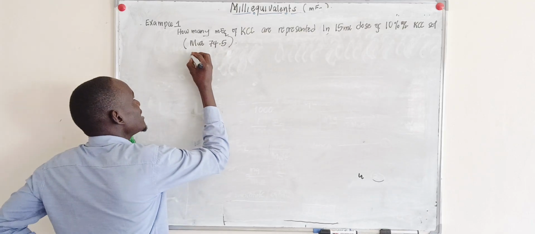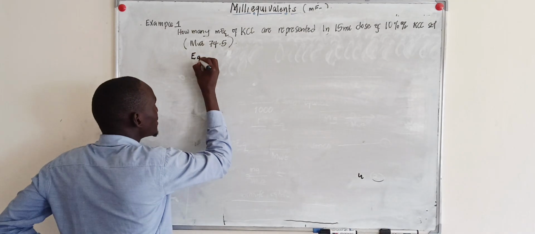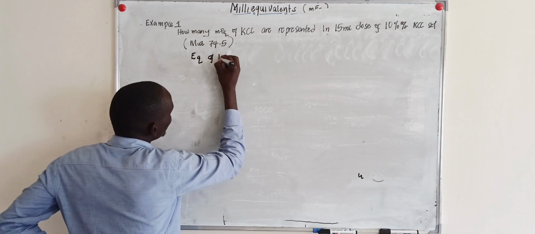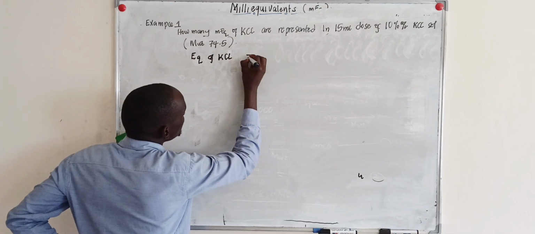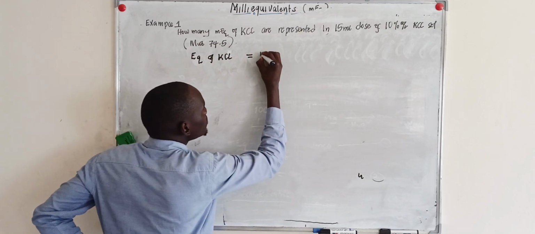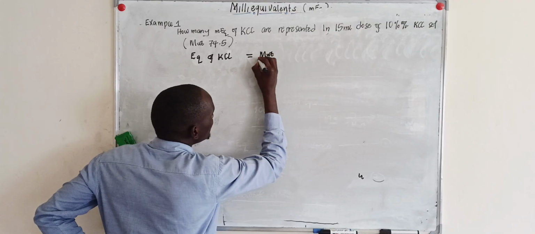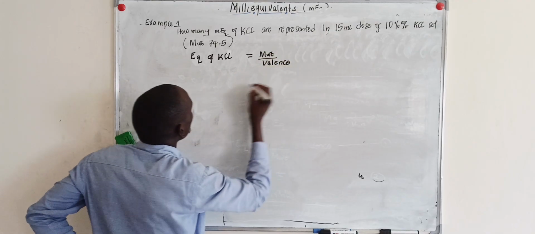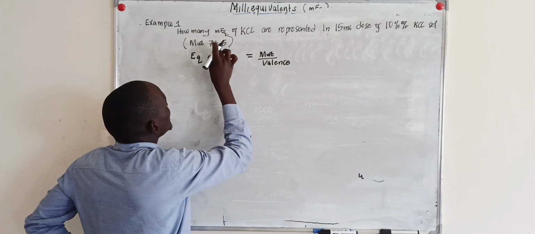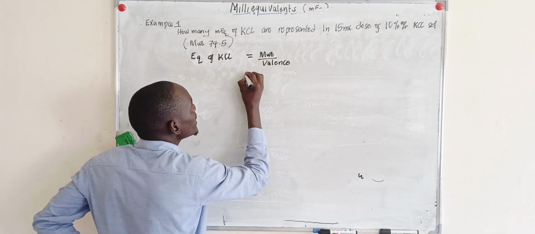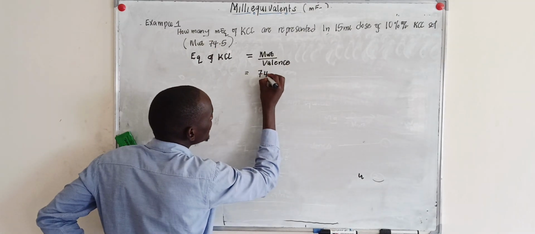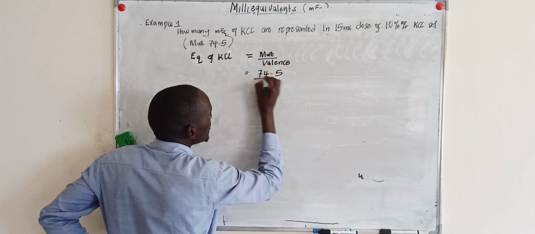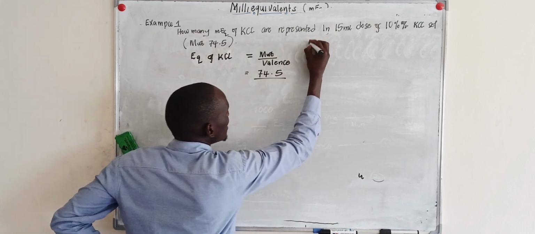So we shall say equivalent weight of potassium chloride will be equal to, we know it is molecular weight divided by valence. But already we know that the molecular weight of potassium chloride has been given as 74.5. But what is the valence of potassium chloride?